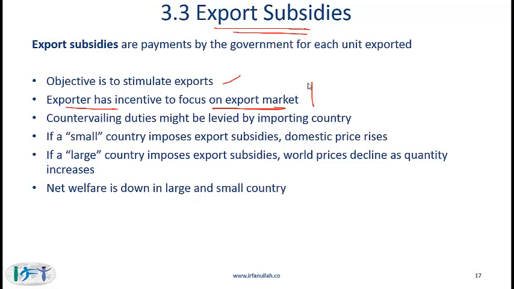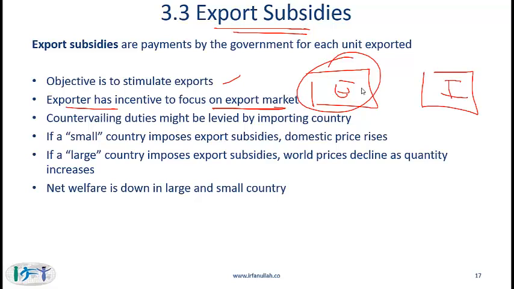But the issue here is that you have an exporter exporting to other countries, let's say the importer. If there are subsidies in this country and products are being sold at a relatively low price, then what the importing country can do is impose tariffs or what are called countervailing duties. So effectively the price will go up over here in the importing country.